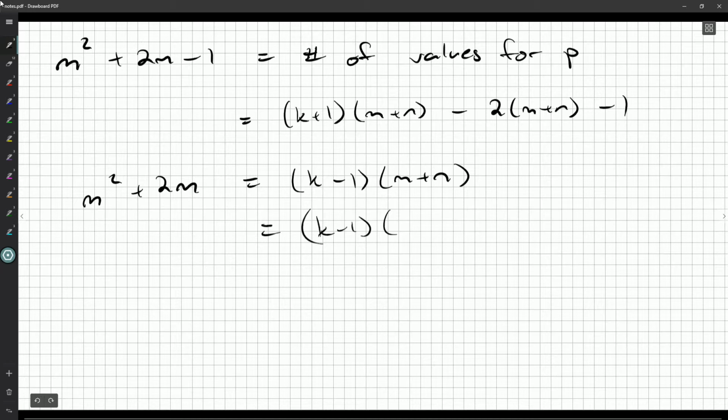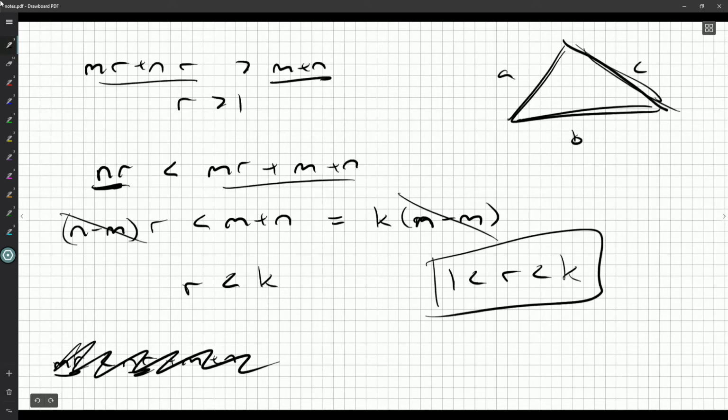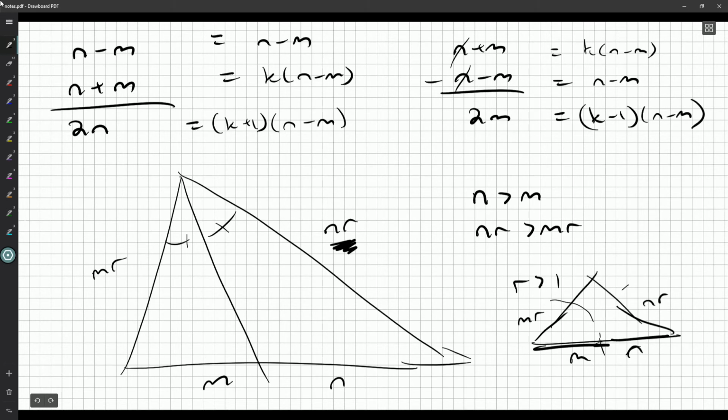M plus n was n minus m times k. I'm pretty sure that's how we defined it. Yeah. And then we saw if you just take the k minus 1 and the m minus 1, or n minus m, you get 2m.